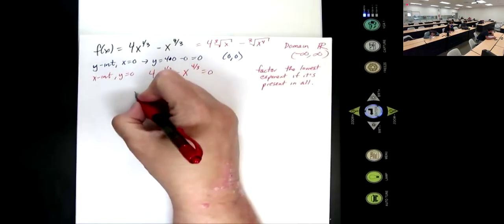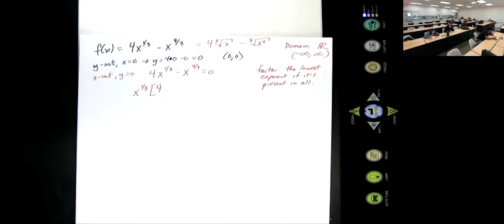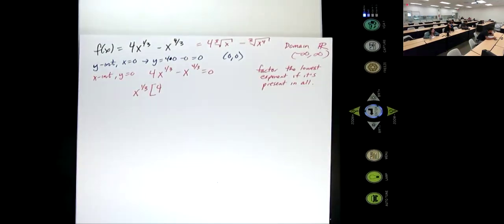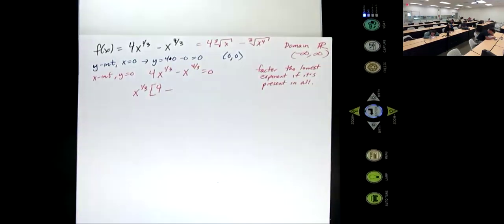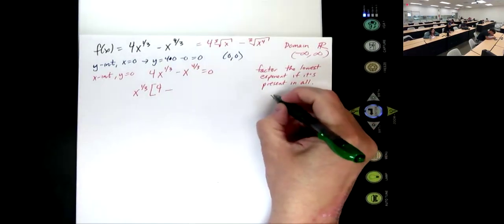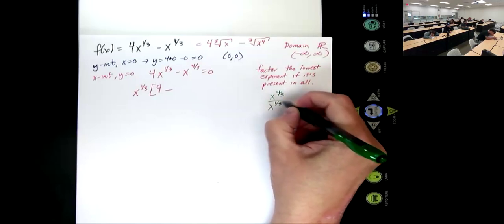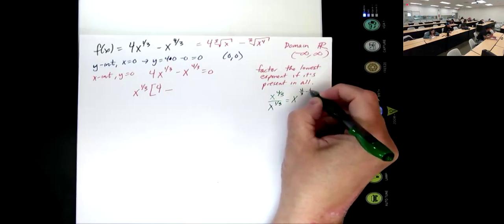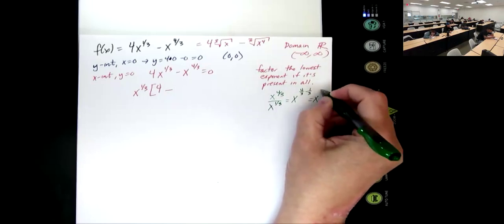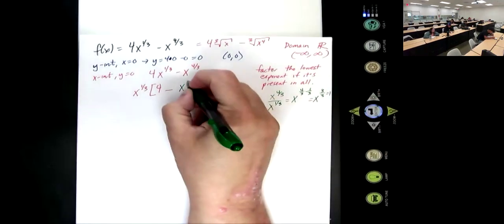X to the 1/3 is the lowest exponent. If I pull that out, I have 4 minus, and I'll do this as a sidebar, x to the 4/3 over x to the 1/3. This is 4/3 minus 1/3, which is 3/3, which is 1. Just x.